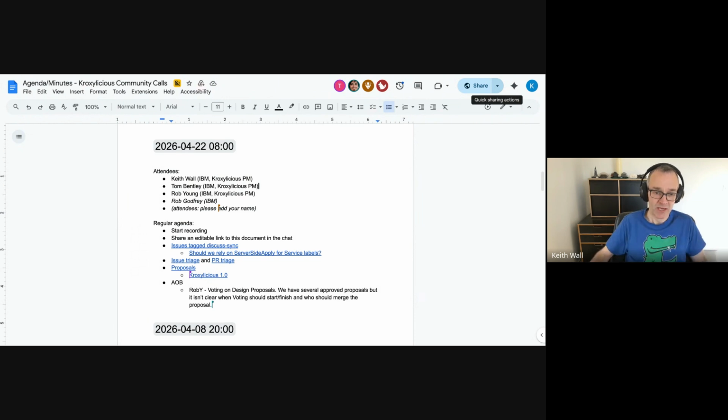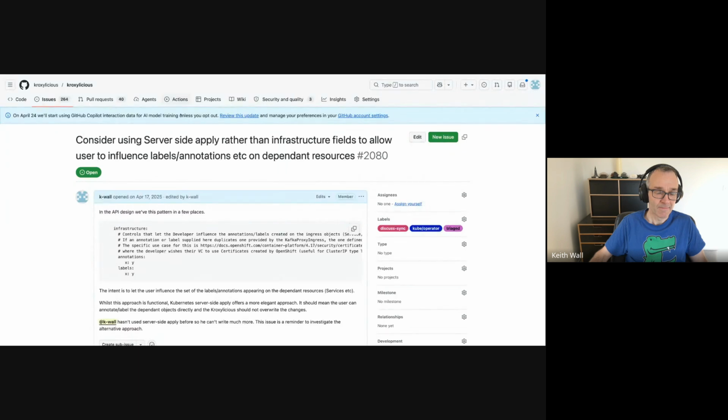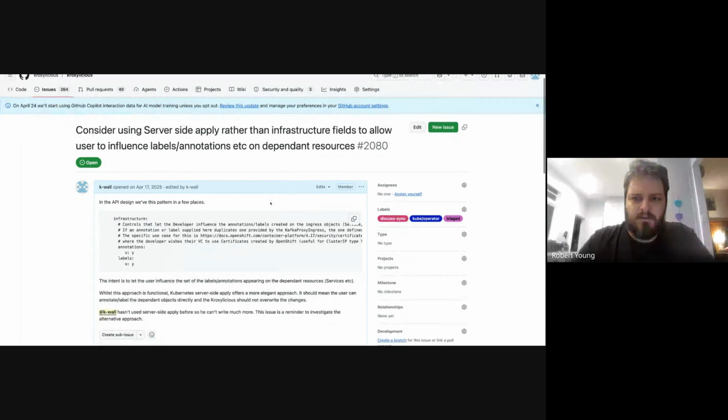Let's get started with the first item, which is issues tagged with discuss sync. So the first one is our server-side apply conversation. Oh, sorry. Yeah. So for people who are unaware, we have this issue that has cropped up a few times, that sometimes people need additional annotations on their services to work with cloud technology and switch different features on and off.